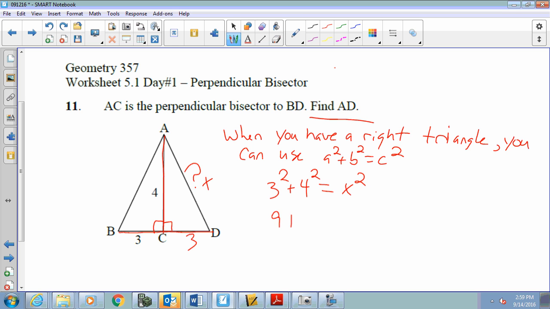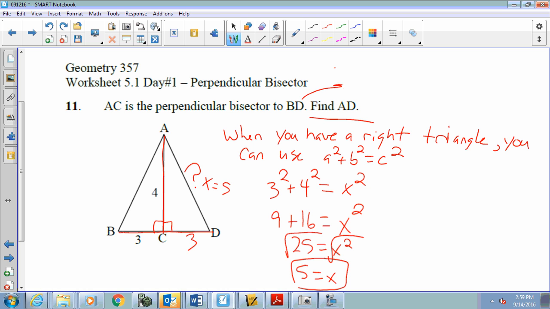So we're going to have 3 squared is 9, plus 4 squared, which is 16, is equal to x squared. 16 plus 9 is 25, is equal to x squared. Take the square root of both sides, and 5 is equal to x. So we have x is equal to 5, so BD is 5. I'm sorry, AD is 5. There we go.